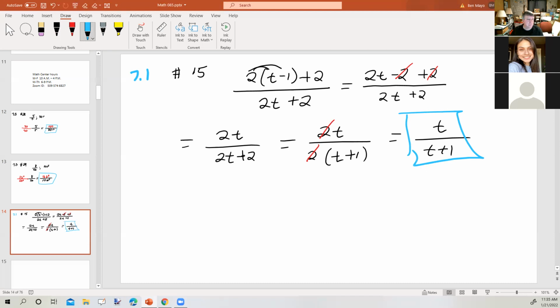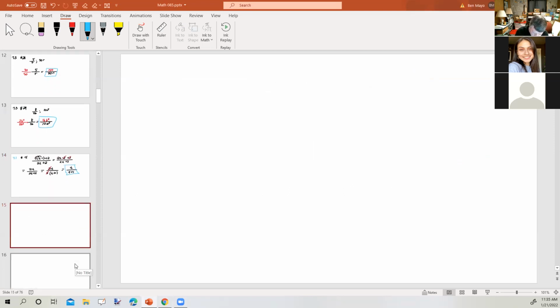Okay. Let's see, we've got some questions from 7.2. So this is 7.2, number 11. It says multiply and then simplify if possible.